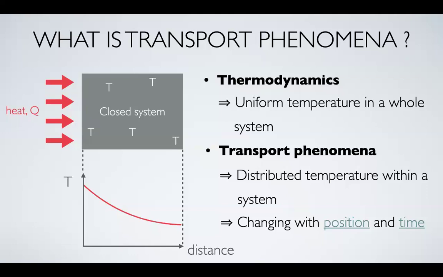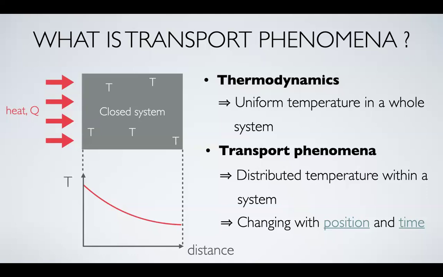So here, temperature is going to change with position, in this case the distance, and also with time. So this is the definition in terms of the transport phenomena. You can see that even if thermodynamics and transport phenomena are in the same approach, the way we look at things is different. In thermodynamics, we look at the big picture, like a macroscopic view.